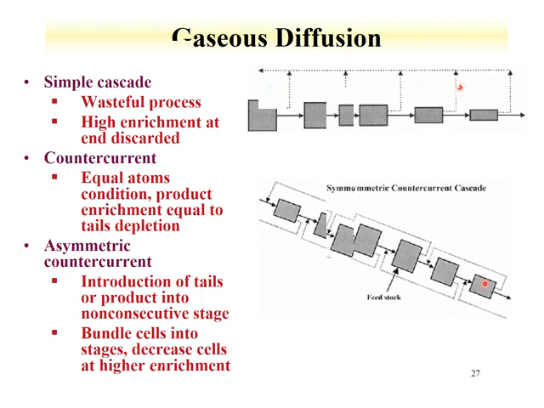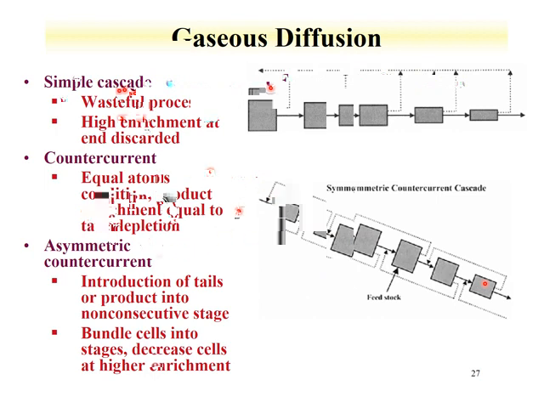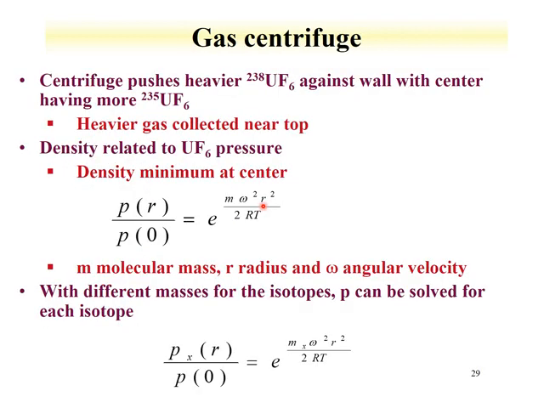Dense would go against the wall, and the center would have lighter. In this case, you can actually look at density as a function of the radius with this equation, where the terms include molecular mass, the radius, and the angular velocity, so fundamentally how fast the centrifuge moves.